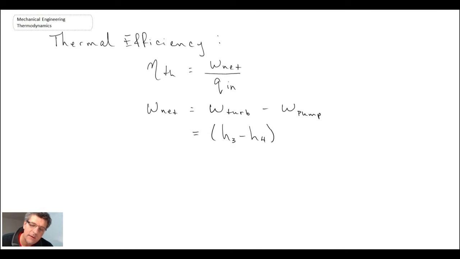Now, applying the first law for a steady flow device with no heat transfer to the turbine and no kinetic or potential energy, that turns out to be just H3 minus H4. And then similarly for the pump, that is H2 minus H1. We know those values, so we can now substitute them.